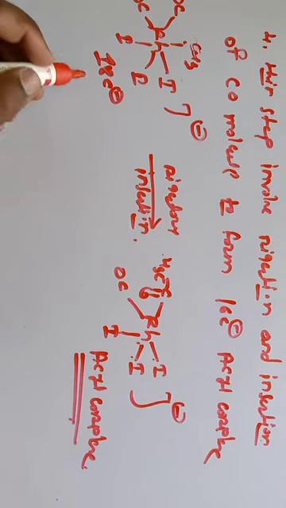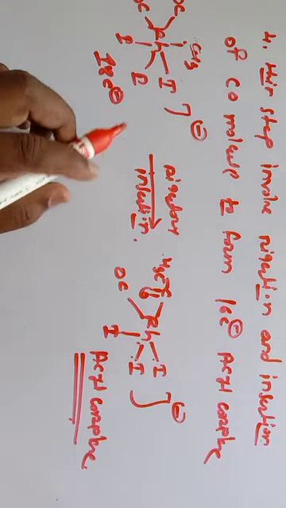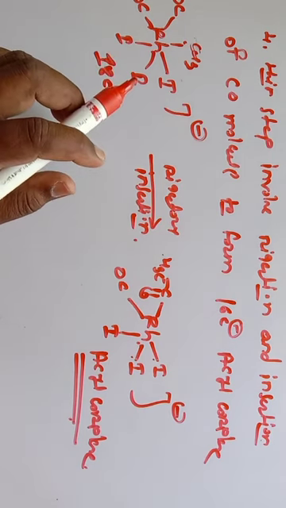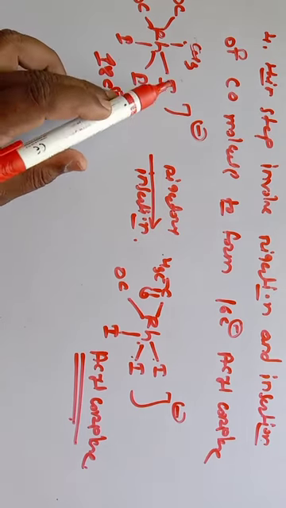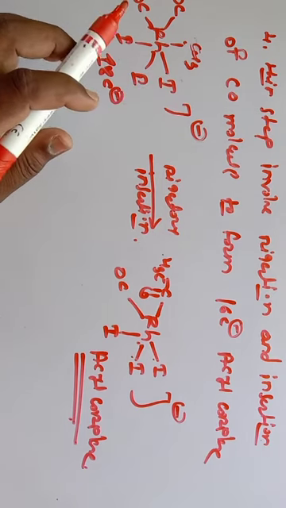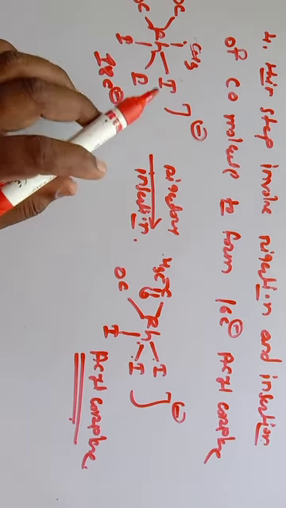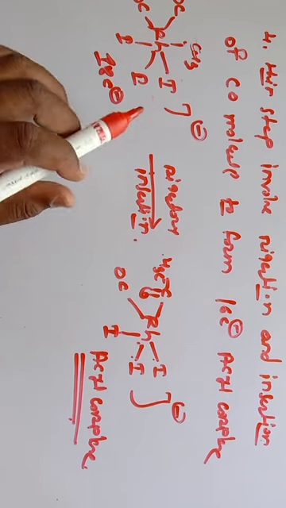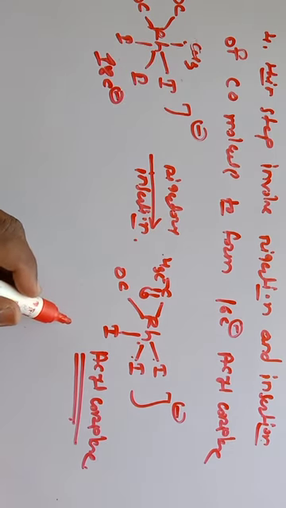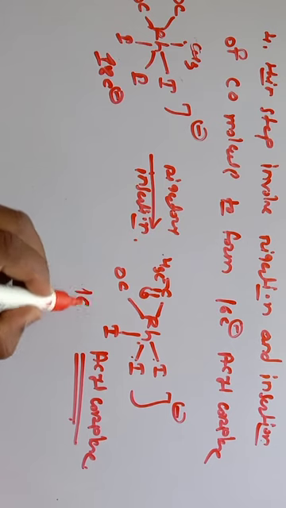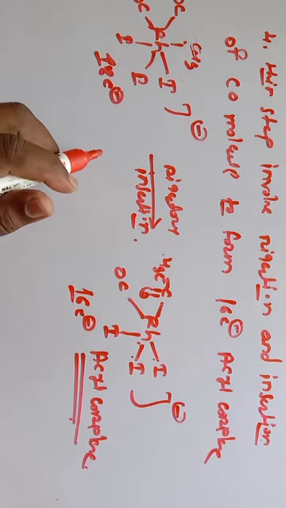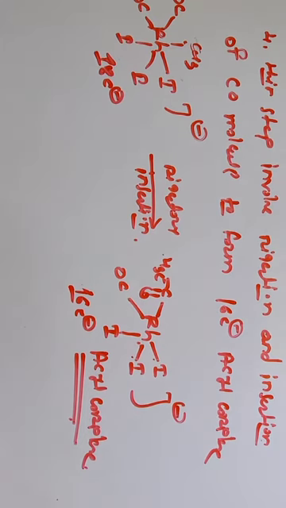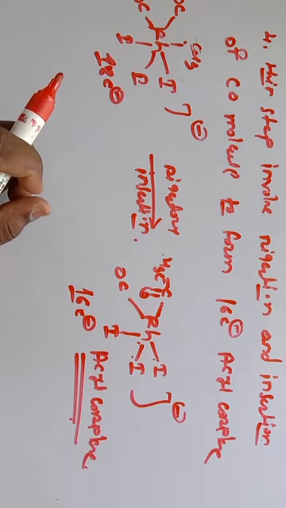The 18 electron species undergoes migratory insertion, but the condition is that a sigma donor ligand such as a methyl group is present and a pi acceptor ligand such as carbonyl is present, then there is a chance of migratory insertion to get the acyl complex, which is a 16 electron species.